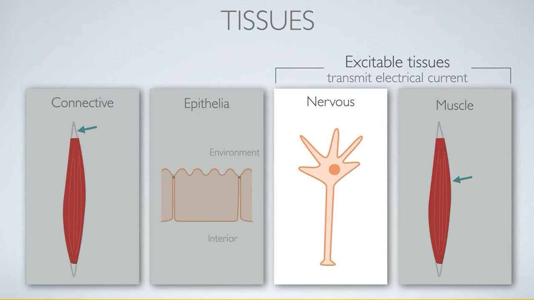And we're going to first consider nervous tissue, that is neurons, and then we'll get into muscles and how they work. Okay, neurons are nervous cells, and they have 2 major regions, and those regions can be differentiated by how they function.